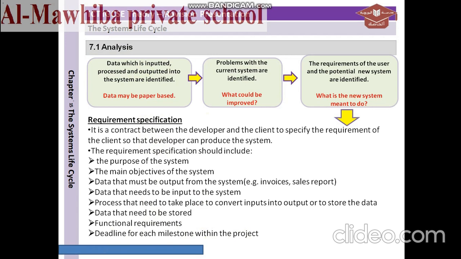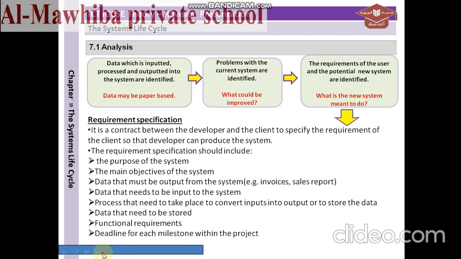Okay, they also gather all the requirements. It involves a lot of steps. What are they? It will include the purpose and the objectives of the system, the input data, output data, process, where the data is to be stored, also the functional requirements and deadlines.